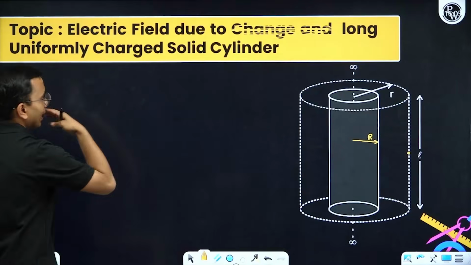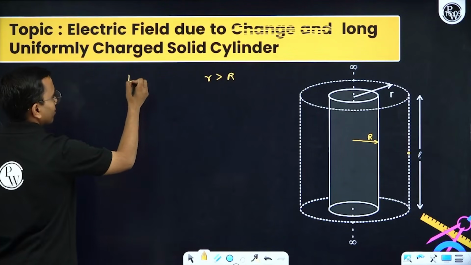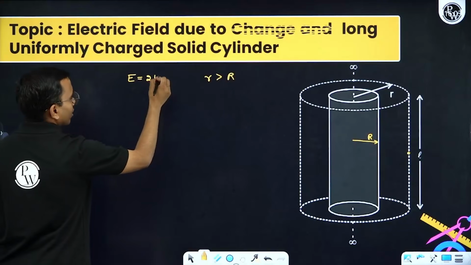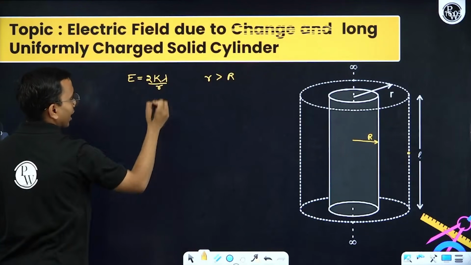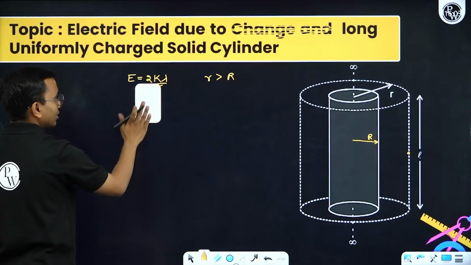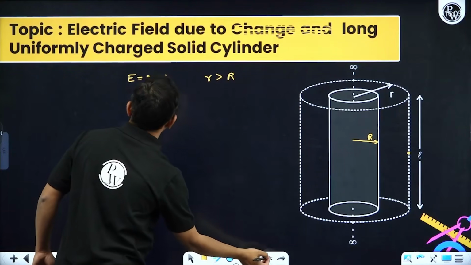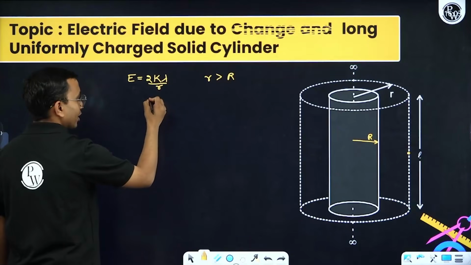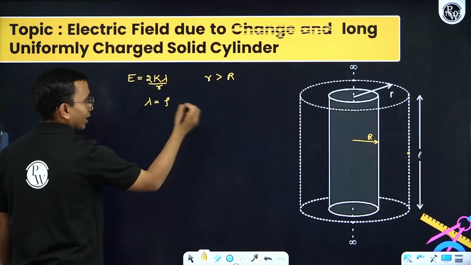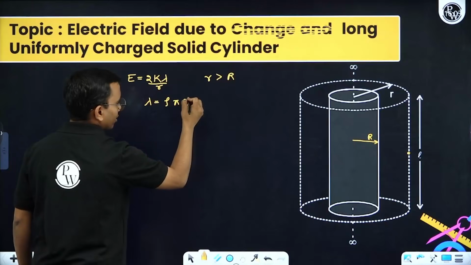So again, if I take any point outside, the expression will remain the same, 2k lambda by r, and you can find the charge per unit length. If let us take charge per unit volume is given to you, you can write charge per unit length as rho into the area of cross section of this, that is pi R square.